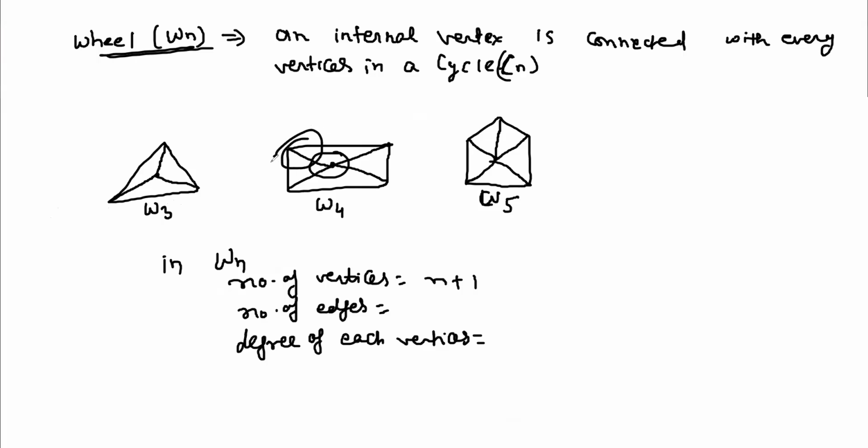Here it is 4 and here 3, right? The degree of vertices is not important. How many edges? 2 times the number of... 2n, right? Yes.